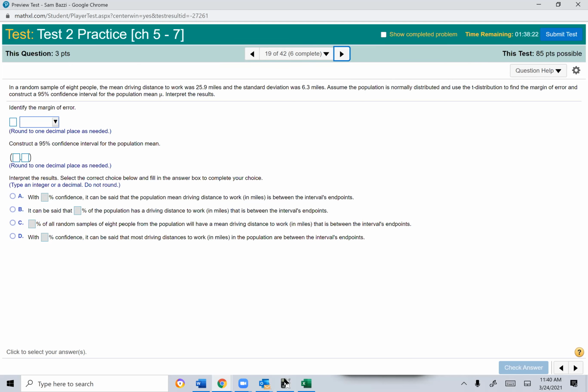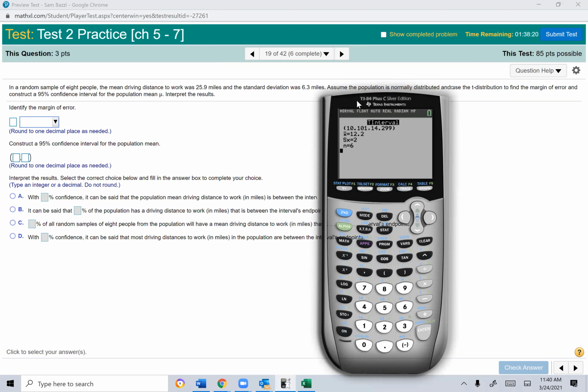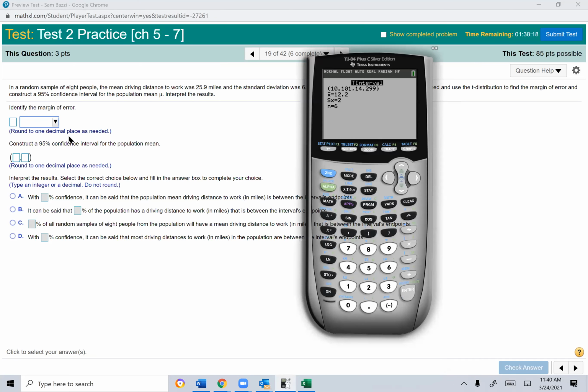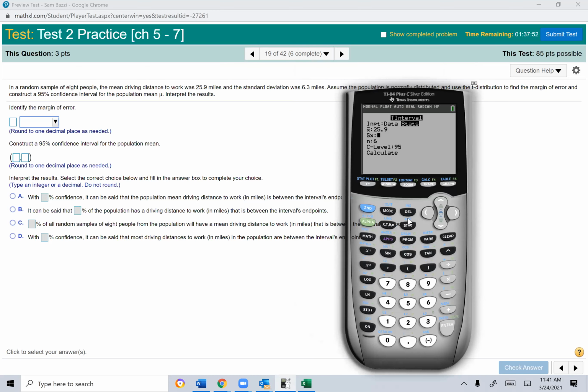Let me go to T interval and answer the question. It's a very, very important question here. So clear. Stat, tests, T interval. And we'll answer all the questions once we get the calculator output. So x bar, guys, is 25.9. S is 6.3.